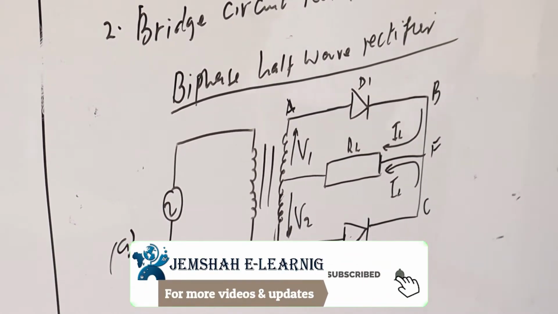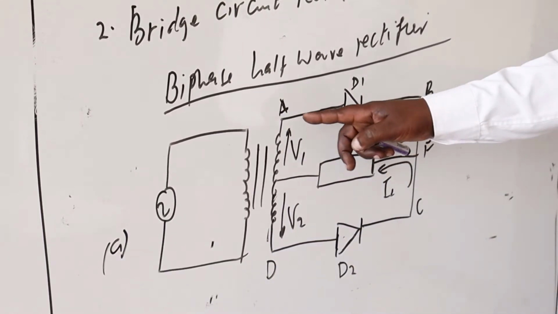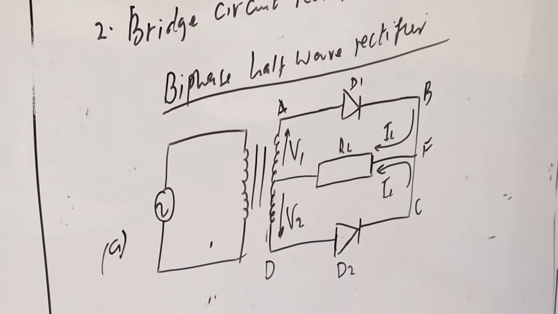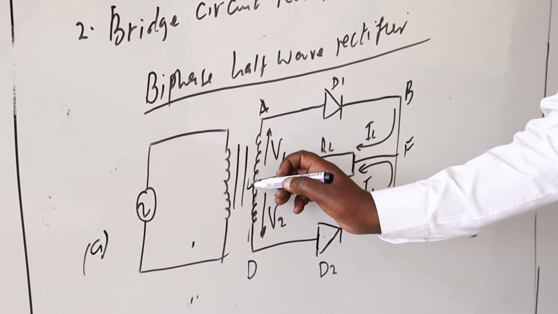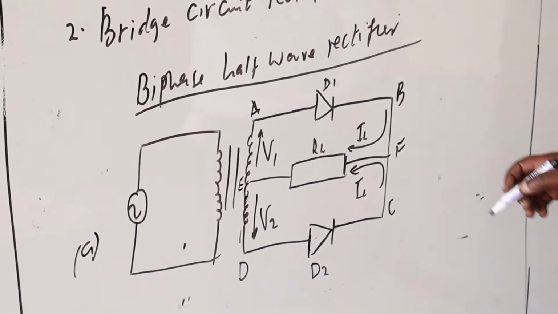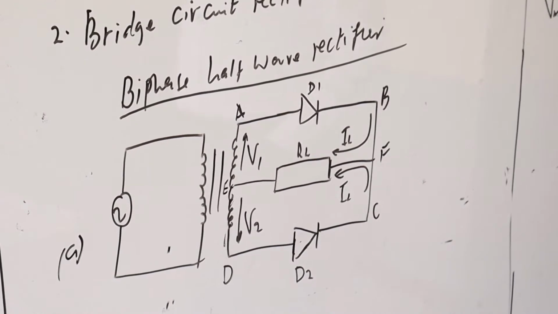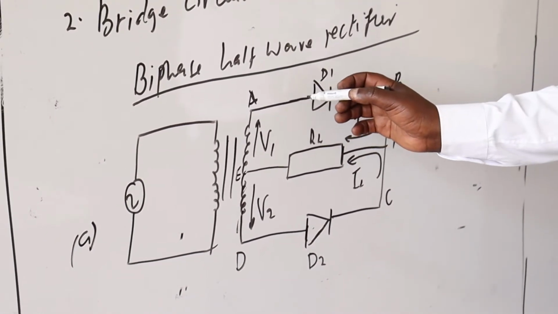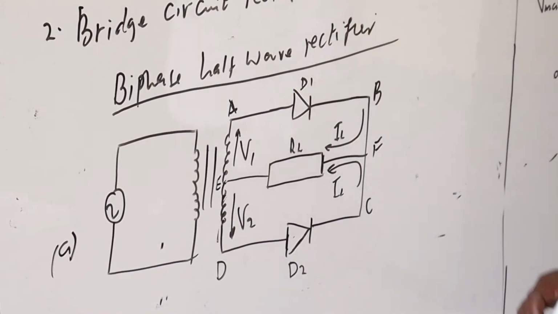So what happens during the positive half cycle, when now our point A here is positive with respect to our center tap point here, which we can name point E, the diode D1 will be forward biased and the current will flow through the load through the path A, B, F, E and back.